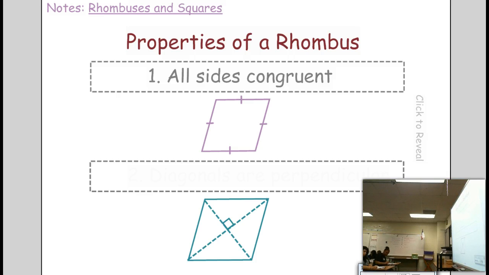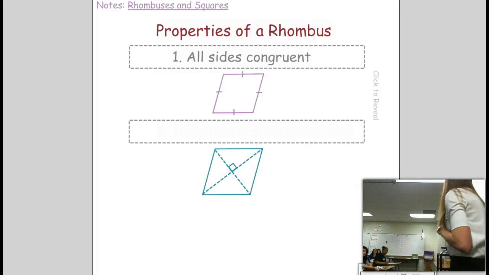Are the rhombus's angles 90 degrees? Are these 90, 90, 90? No, he's a square leaning over, so his angles are not 90. But what am I trying to show you here? What are those dotted lines called? The diagonals.